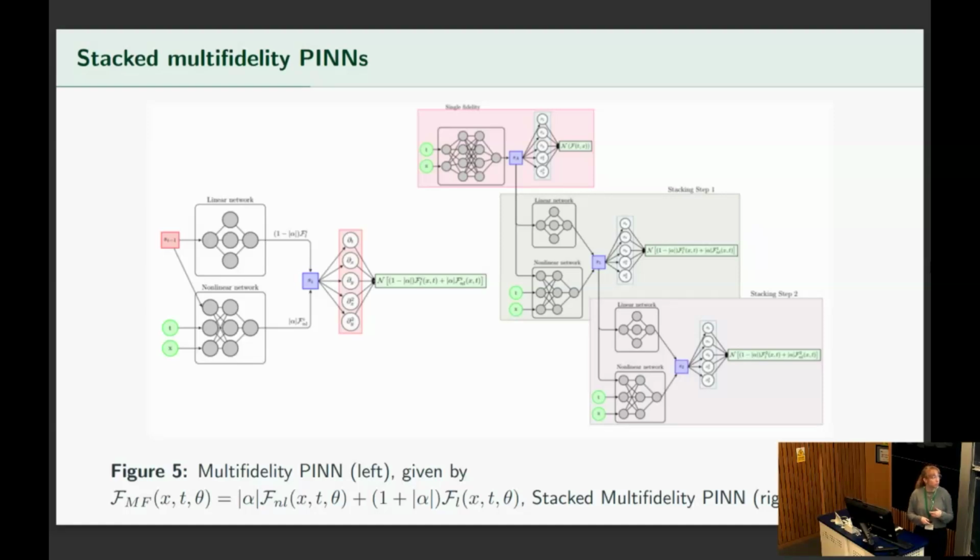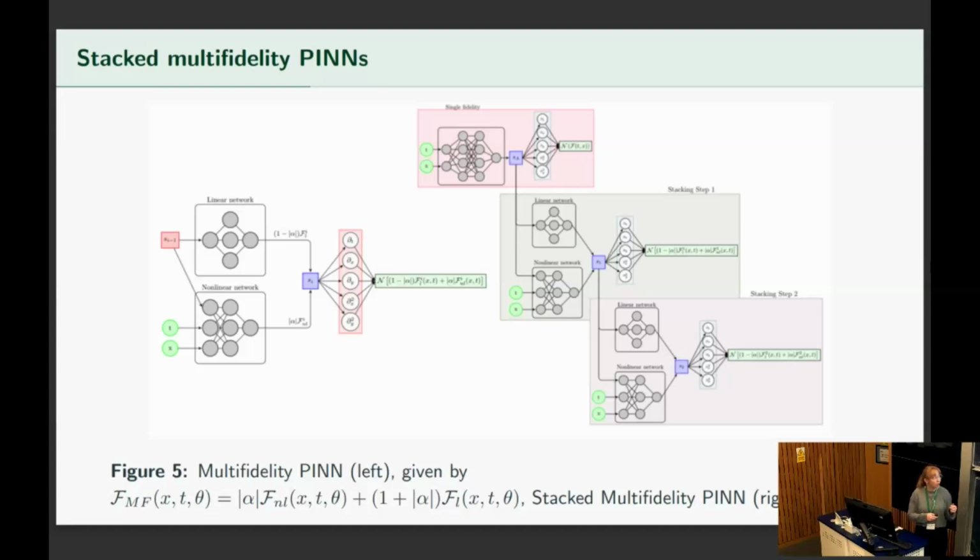In the case of PINNs, when we don't have access to data, what we actually noticed is that the output from a single fidelity, just a standard PINN, can be thought of as a low fidelity approximation to your system. We incorporate this in a stacked iterative architecture where we initialize by training a single fidelity PINN on a PDE that might be initially difficult for a PINN to solve. Even if this doesn't capture the full dynamics of the system, it provides something like a low fidelity approximation.